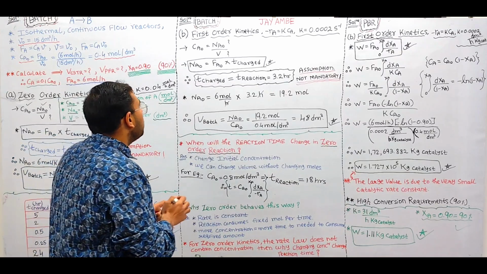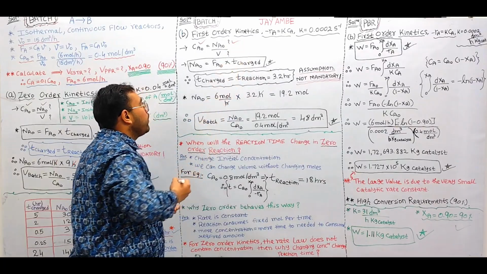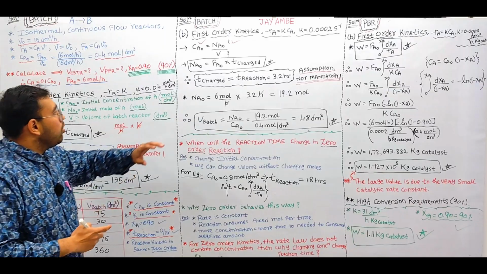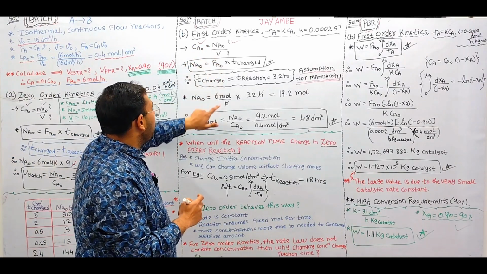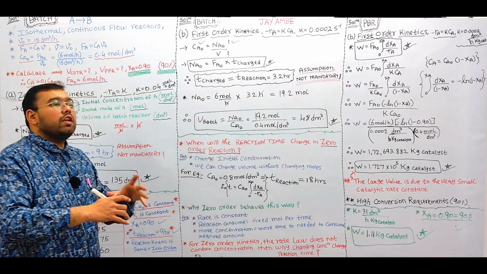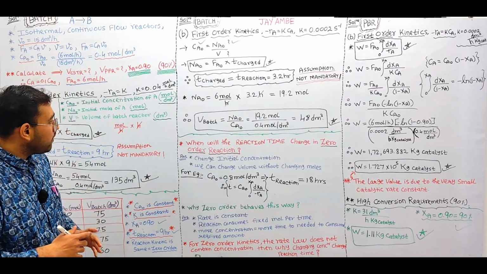So from here now we have the C naught value, we also have the N naught value, right? Now one thing is remaining, which is the volume. So we will rearrange this equation and make volume the subject. The volume of the batch reactor is the ratio of the initial number of moles to the initial concentration, right?